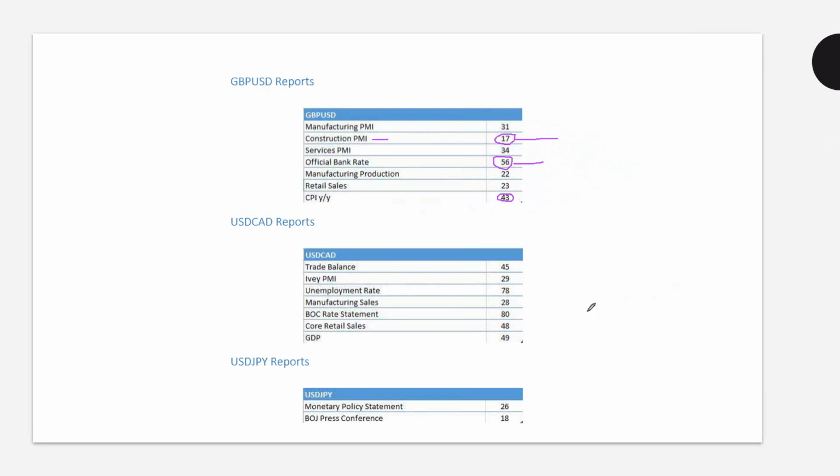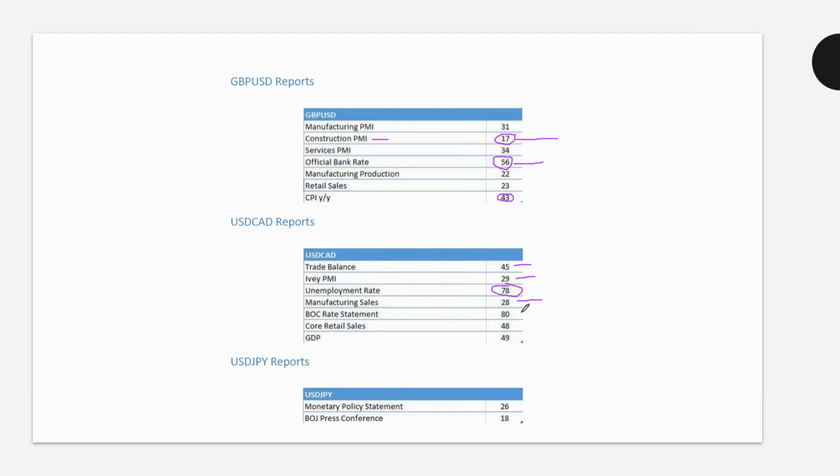On the USD/CAD, you've got the trade balance, which will move 45 pips. You have the Ivey PMI, which is 29. The unemployment rate is a big one for Canada and moves almost as much as the rate statement: 78 pips in one 15-minute bar. You also have manufacturing sales, which move 28 pips.